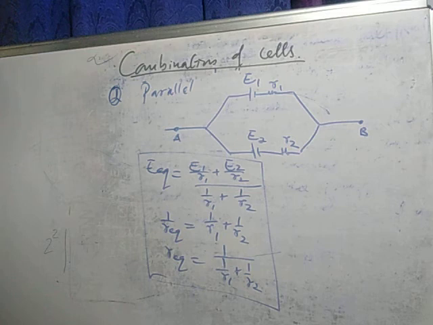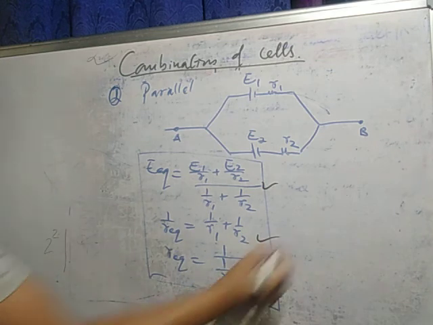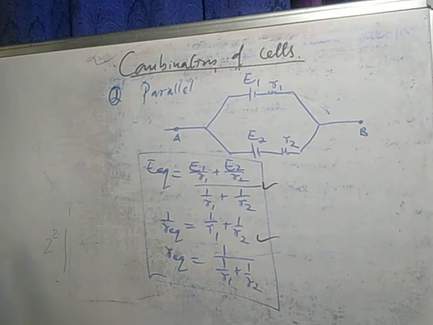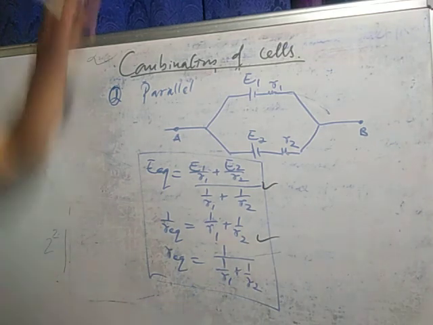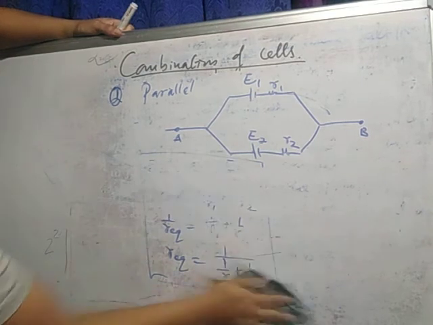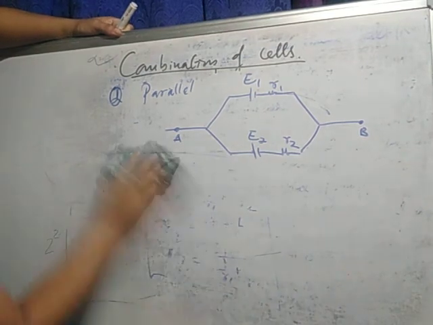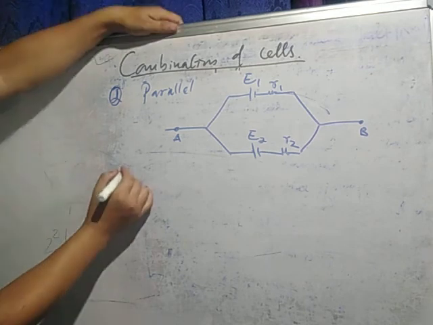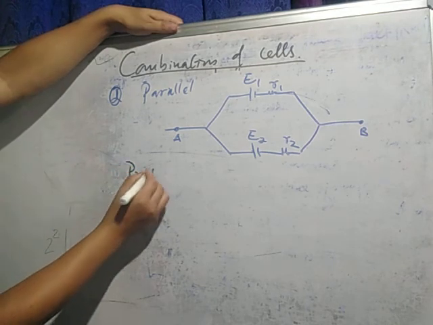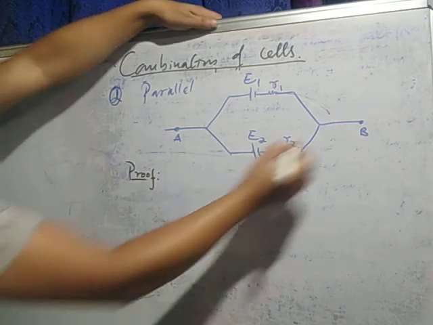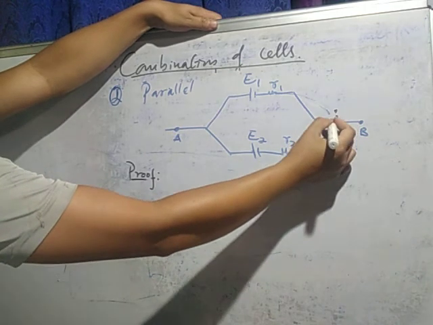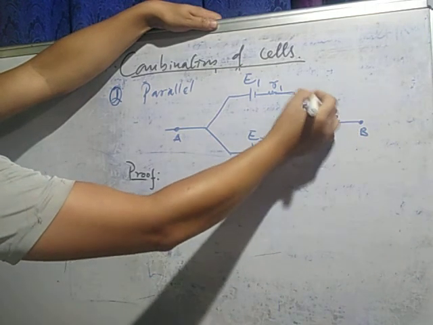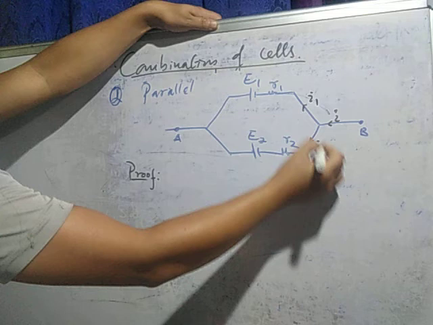So let me prove how this comes. How do these two come? So write down proof. If I take current I from this side, then this is your I1 and this is your I2.